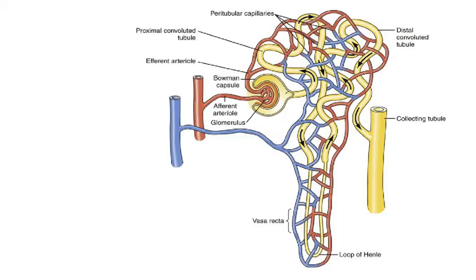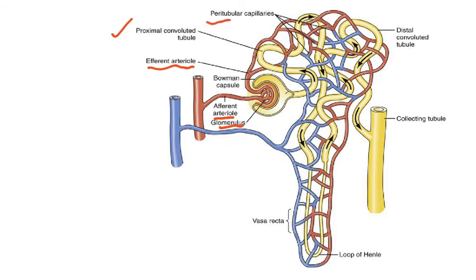This is another diagram, and I want you to look at the labeling again. You can see here we have the afferent arteriole, then the efferent arteriole, then the glomerulus or the glomerular capillaries. Then we have the proximal convoluted tubule.